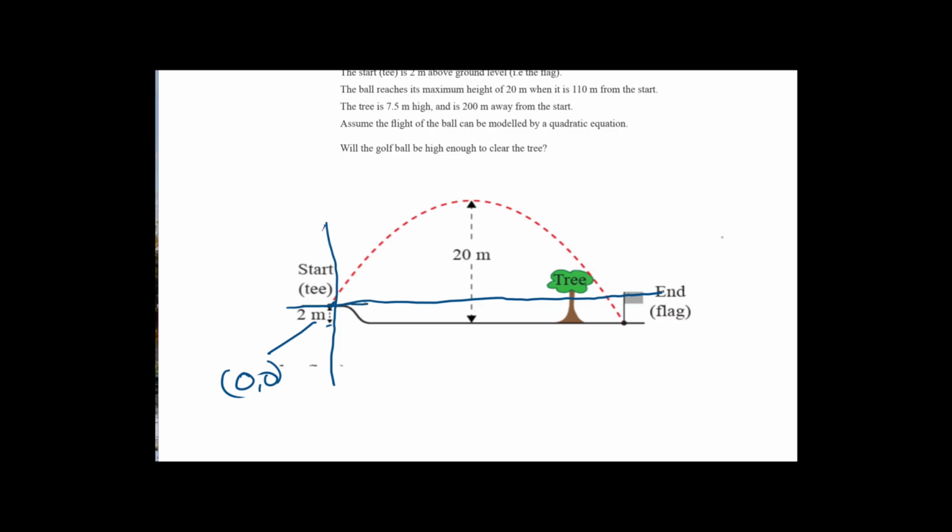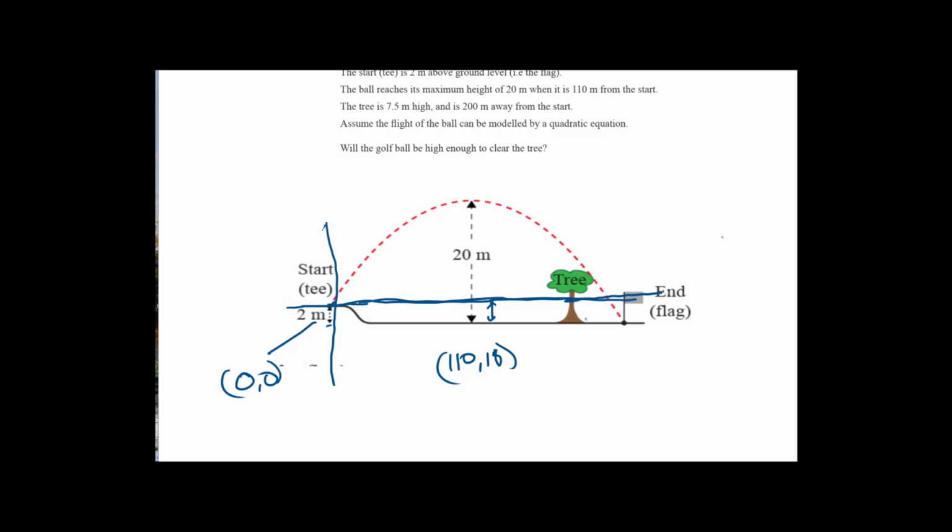So that tells us that it's fine if the x-axis goes along here and it's going to cut 2 meters off the height. So 110 meters after we start, the height is not 20 meters, it's 18 meters above the tee.